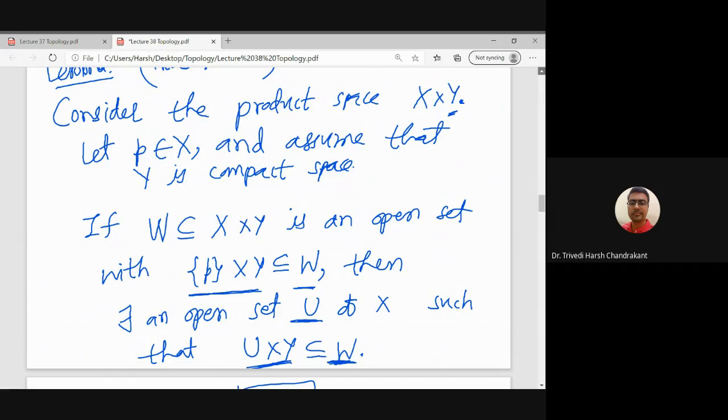we are selecting a point P in X and assume that the space Y is compact.